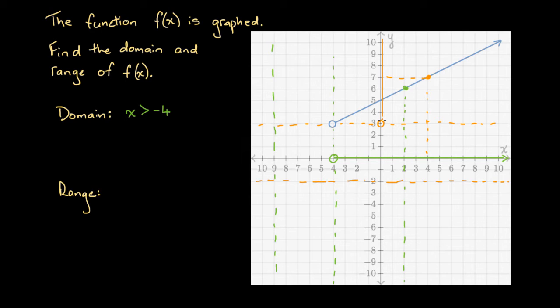But for all other values of y greater than 3, this function is defined, and this goes on as y approaches infinity. Consequently, the range of this function is y is greater than 3. And notice again that I've written greater than, not greater than or equal to, because y equals 3 is excluded from the range.